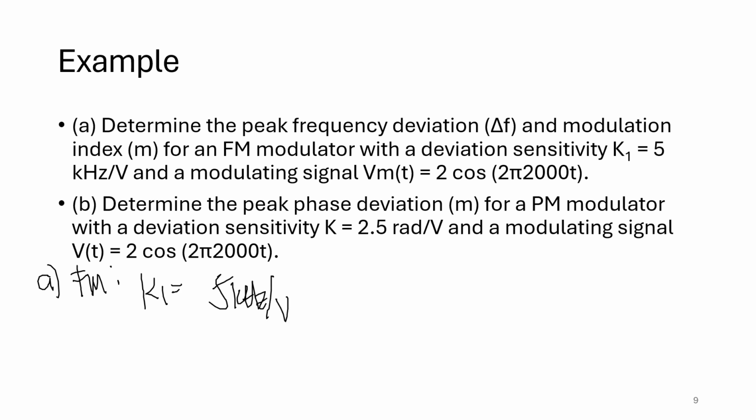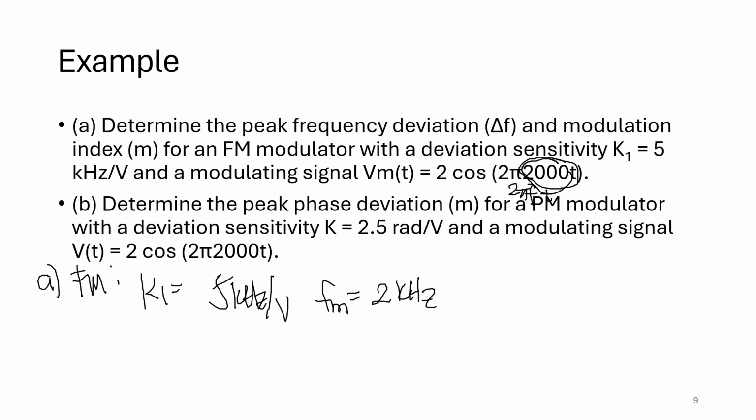We need the frequency. Where can we find the frequency? The frequency of the modulating signal is this one, isn't it? This is 2πft, so the frequency is 2000, which is written as 2 kilohertz.